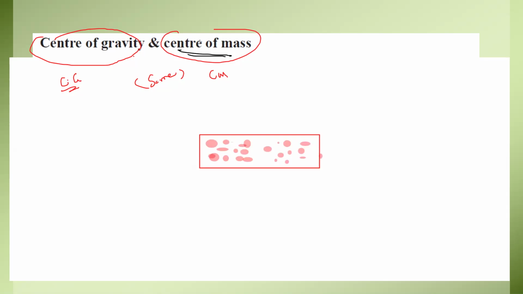What is the likely position of the center of mass? A, B, C. What is the likely position of the center of mass for this object? Is it A, B, or C?